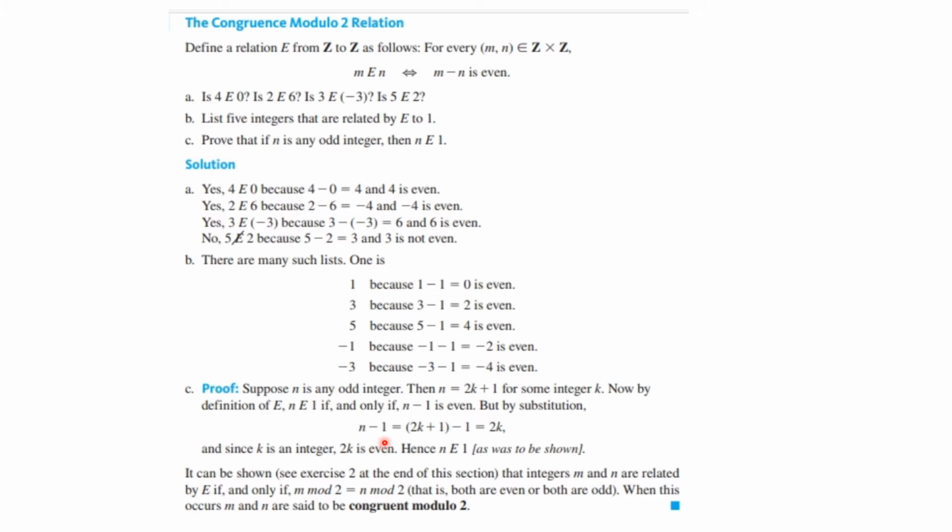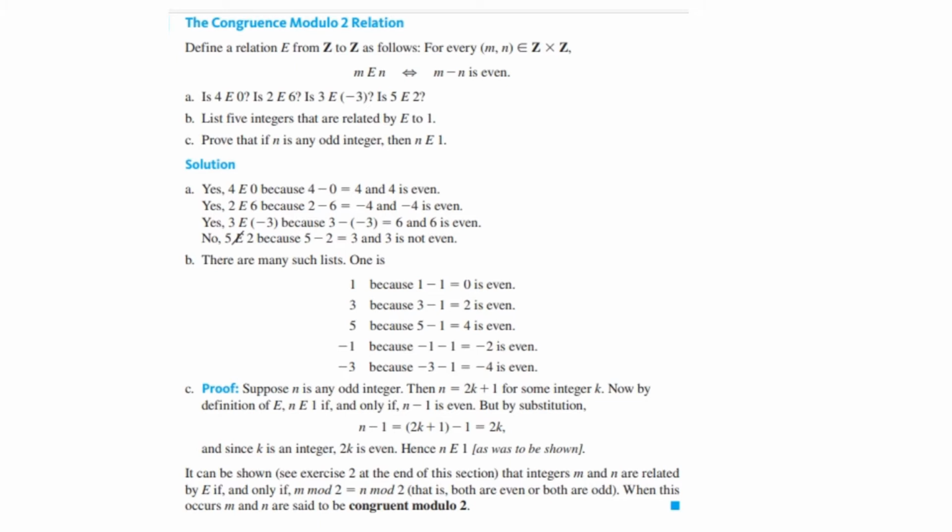So n minus 1 is equal to 2k plus 1 minus 1, which is 2k. Since 2k is an integer, 2k is even, hence n E 1 by definition. That is what's to be shown. This is really the same thing as saying m and n are congruent mod 2, which we talked about before as a function in one of the previous lectures.